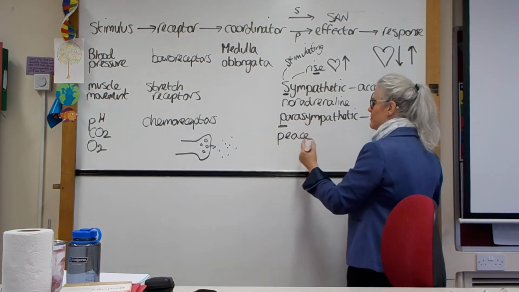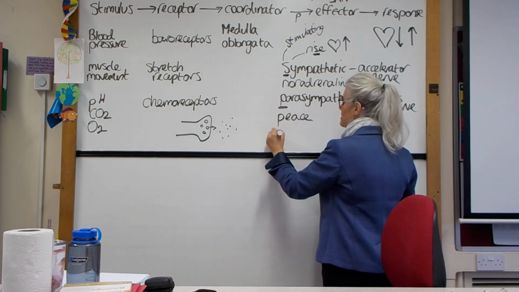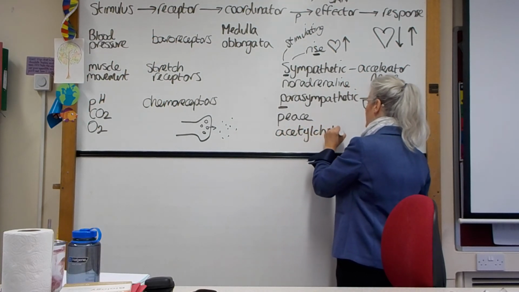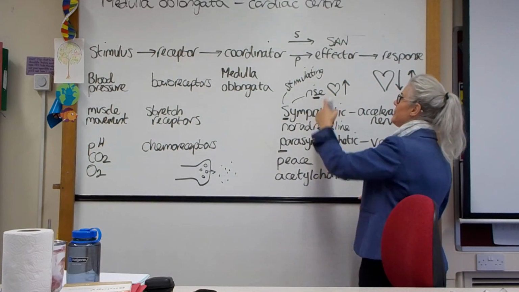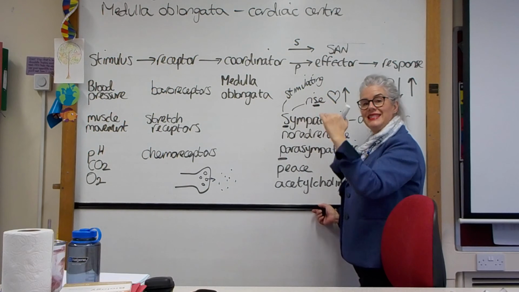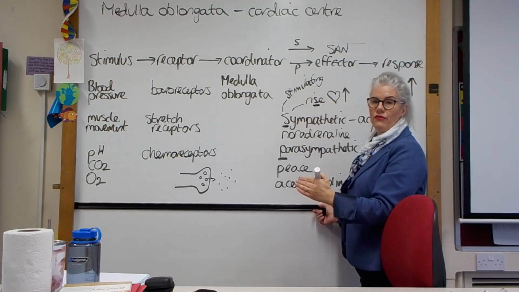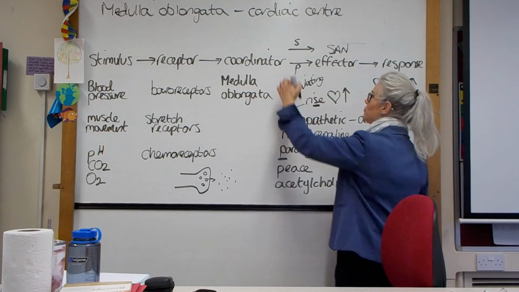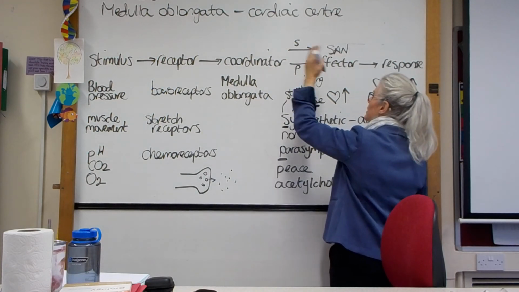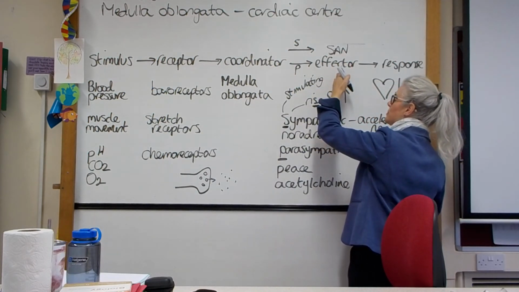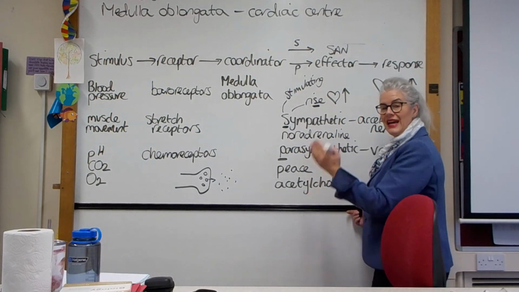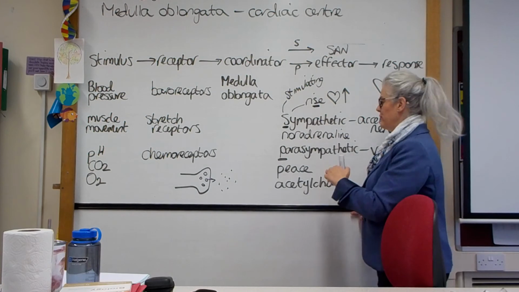The parasympathetic releases acetylcholine. So when acetylcholine binds to the receptors on these cells, it will lead to a decrease in your heart rate. So that's what the difference is. You've got two different nerves leaving your coordinator, going to your sinoatrial node, and they have two different neurotransmitters, and that's how it can bring about a different response.